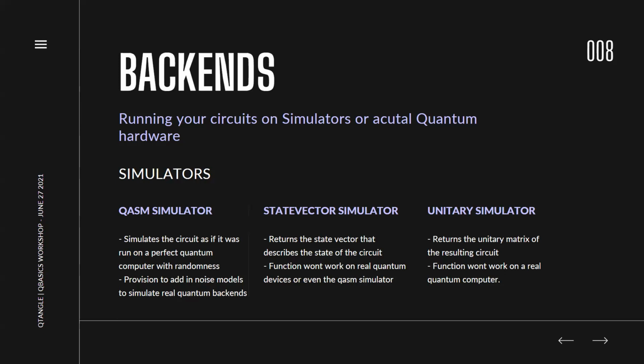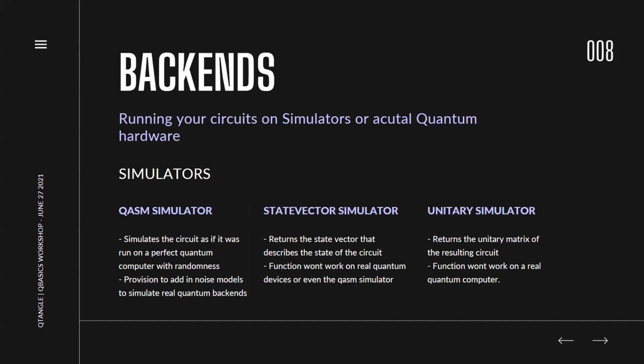Like Freya had run on a real quantum backend, you can simulate the same noisy behavior by copying the noise model from that backend. That's also available here. We're not looking into that now, but we'll just simulate the chasm circuit.